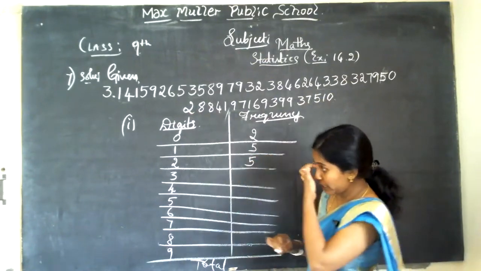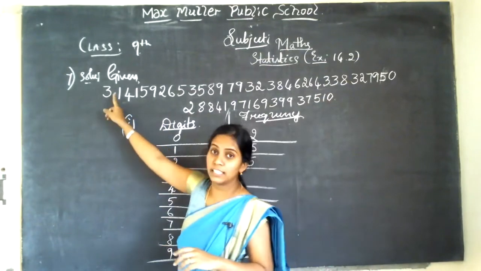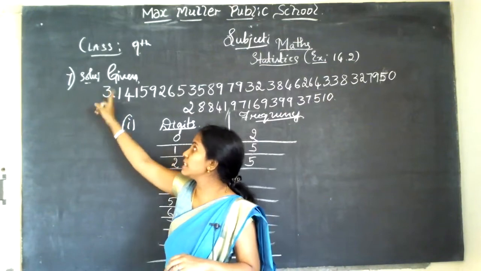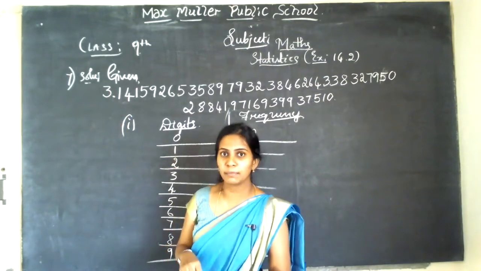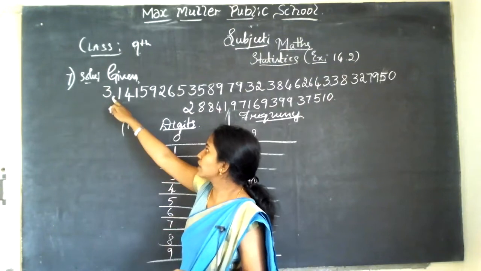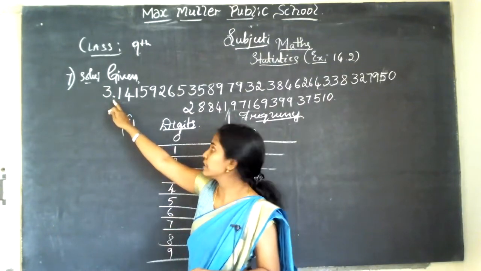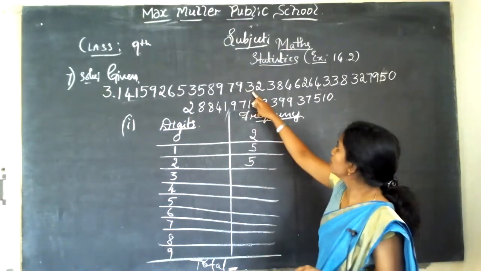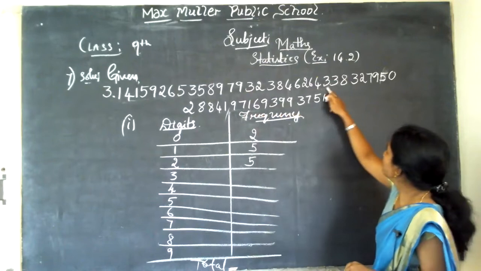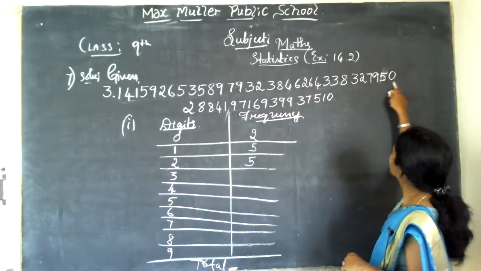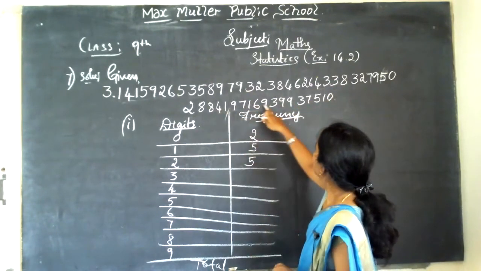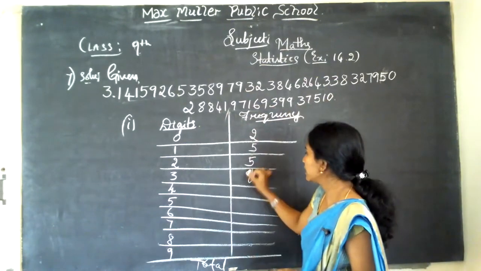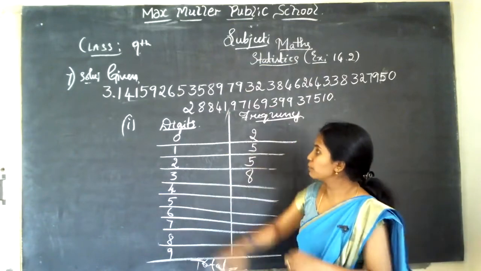Move to 3. As I told you, you have to see the numbers after the decimal point. Don't include this number 3 because it is before the decimal point. So look for 3 after the decimal point: 1, 2, 3, 4, 5, 6, 7, 8. So you have 8. Next, move to 4.